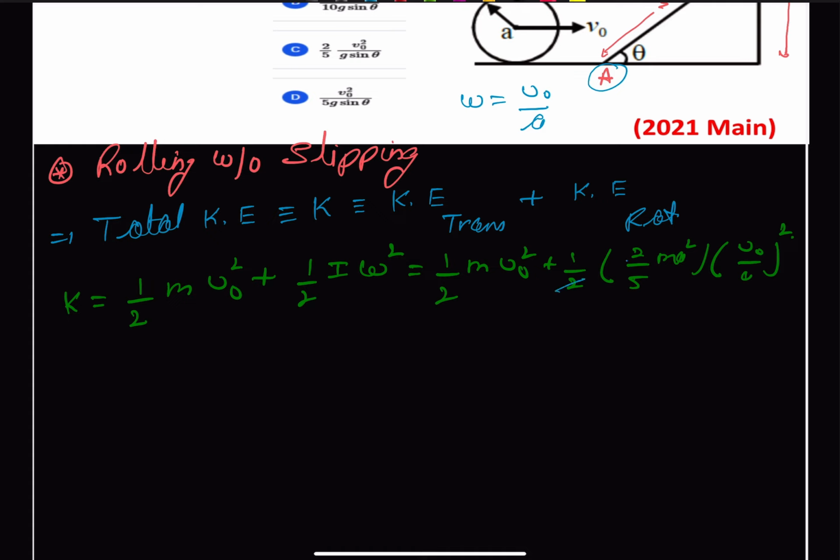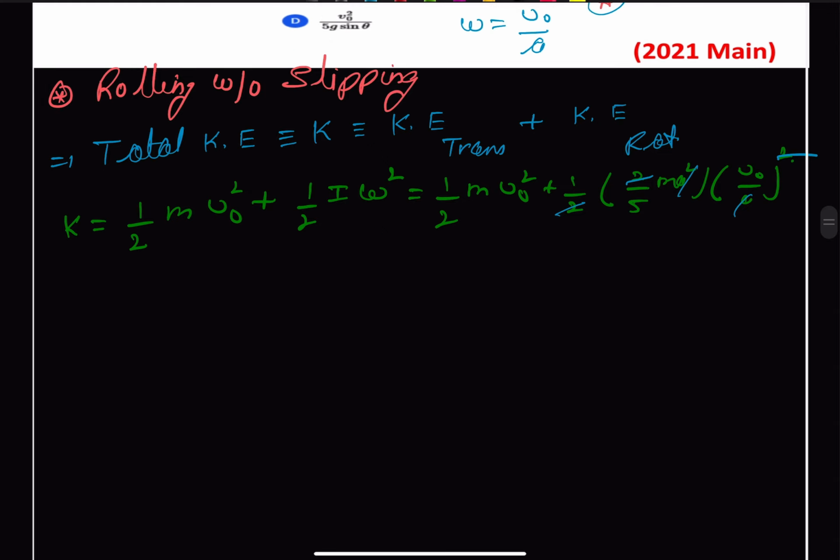Here the 2 and a square cancel, and we get that total kinetic energy K will be equal to half m V naught square plus 1 by 5 m V naught square, and taking the LCM of 10, we get 7 by 10 m V naught square.